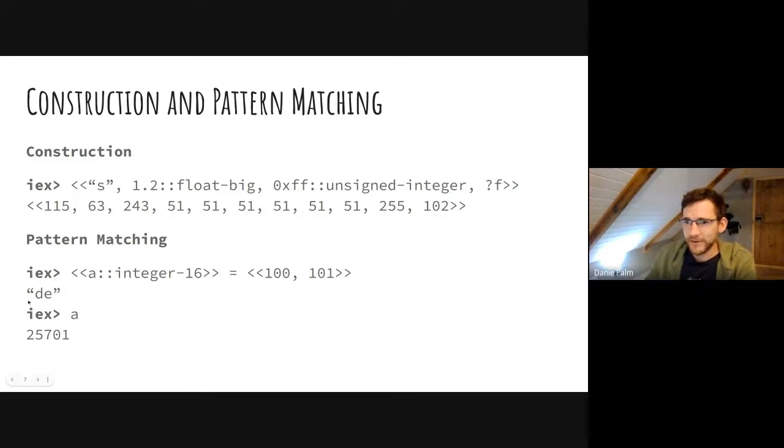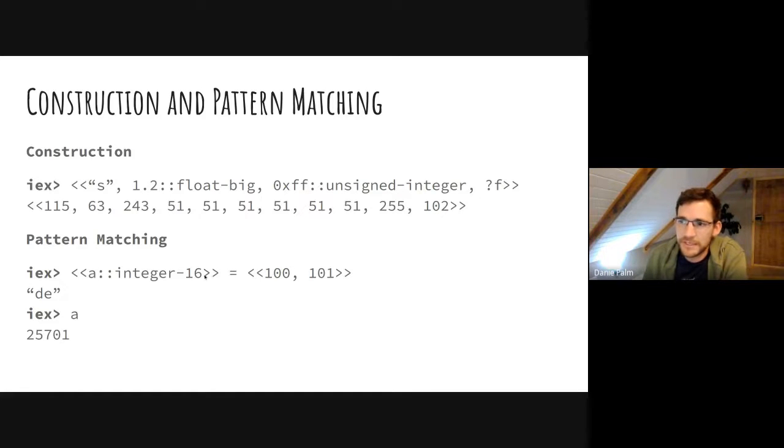So in this case, it wrote out the string. Matching on the binary doesn't change the binary, but it creates a binding. So if I print out A, it will give me this 25,701 number. And that is how you do pattern matching and binary construction.